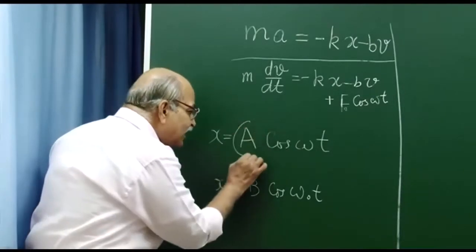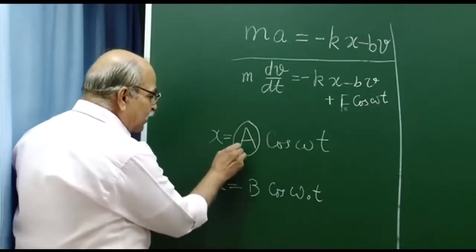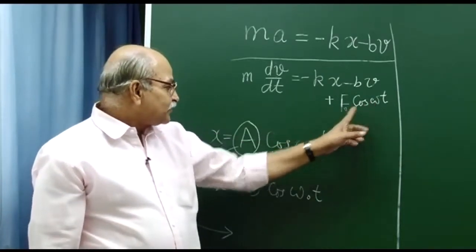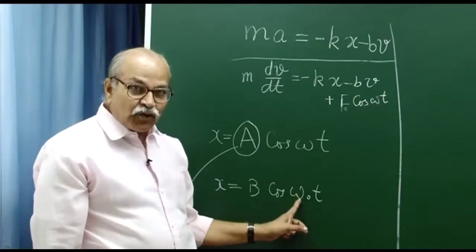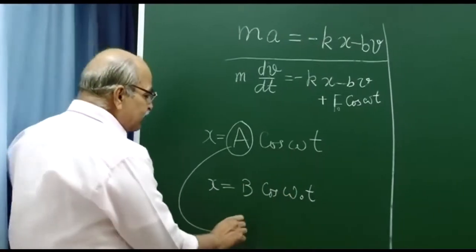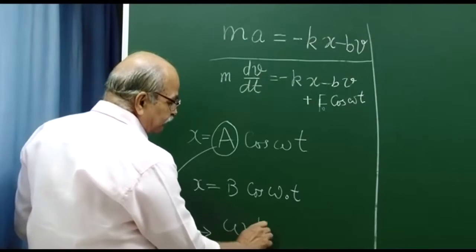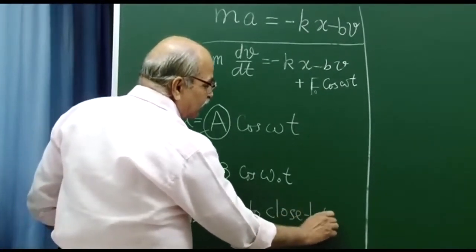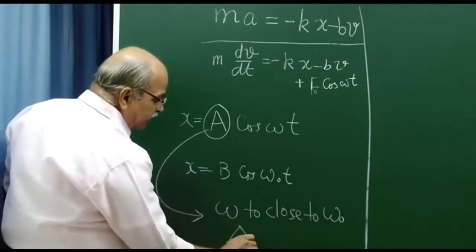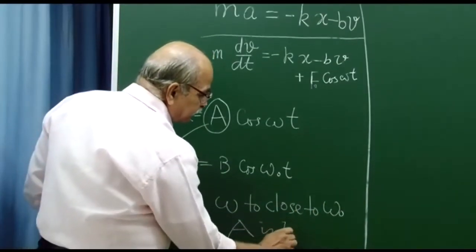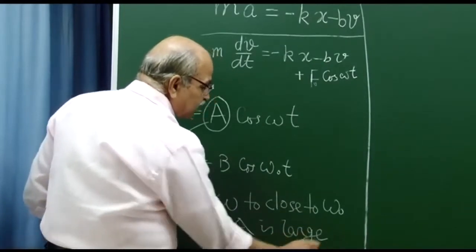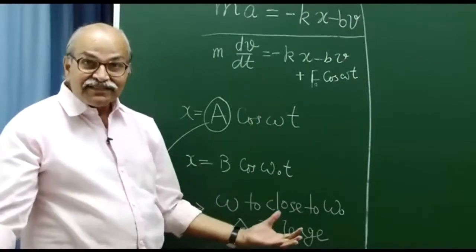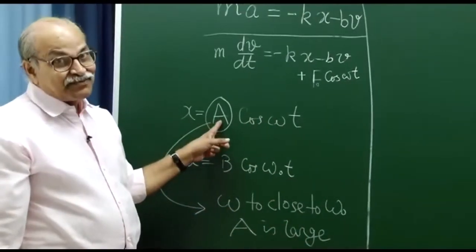And what is this amplitude A? This amplitude A depends on the relation between omega and omega naught. If omega is close to omega naught, this A is large. And if omega and omega naught are widely different from each other, then this amplitude is small.